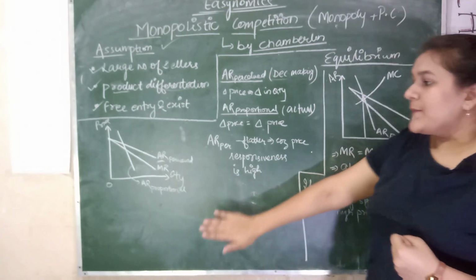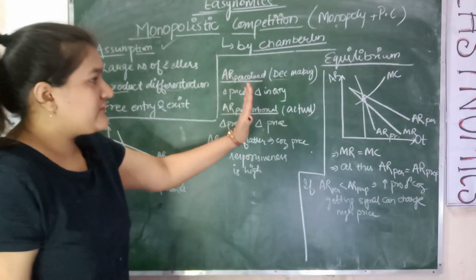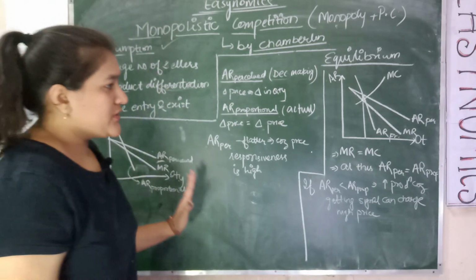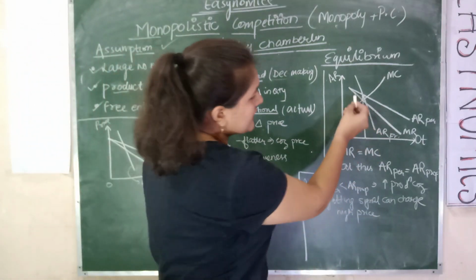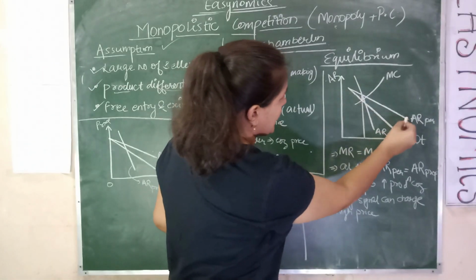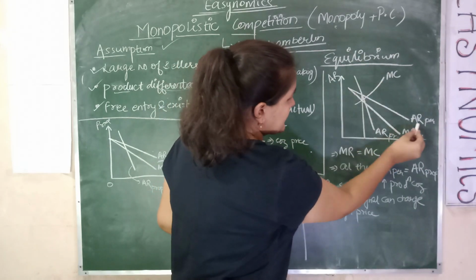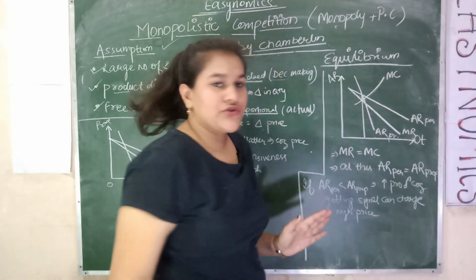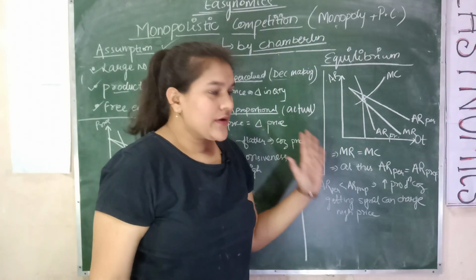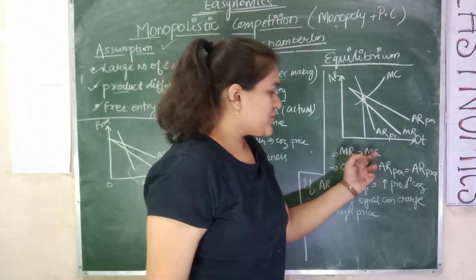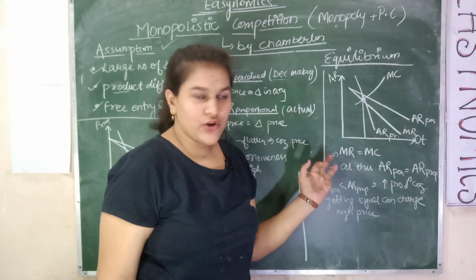Now let's see how equilibrium is achieved under monopolistic competition. Again these are the curves. This is MR, this is AR proportional, this is AR perceived, and this is the marginal cost curve. The first equilibrium condition is that marginal revenue should be equal to marginal cost.